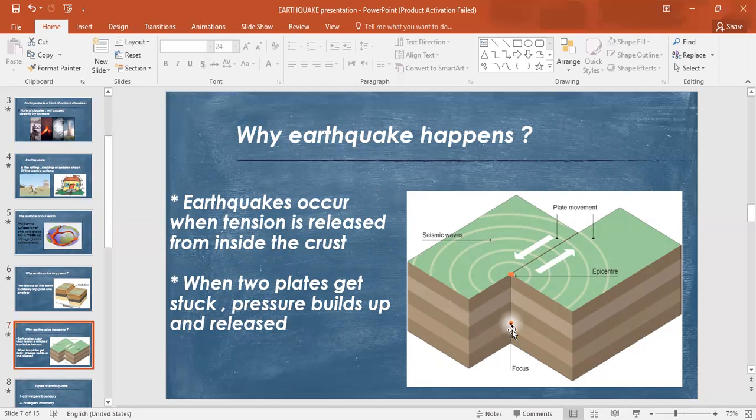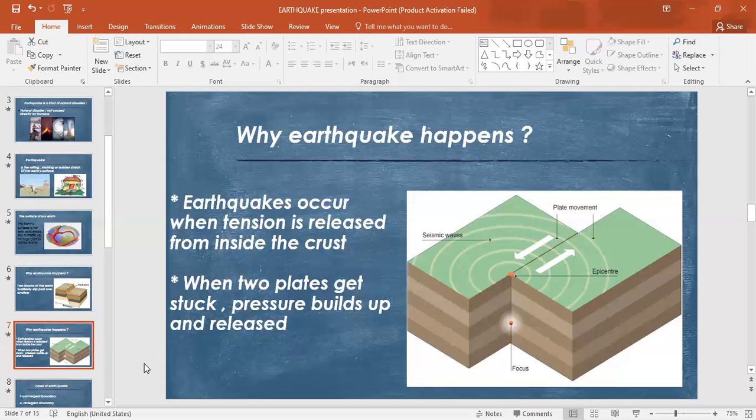As we can see here, the point where the earthquake originates inside the Earth is known as the hypocenter, while the point on the Earth's surface above it is known as the epicenter. So the pressure builds up and is released and goes to our Earth's surface and causes earthquake.